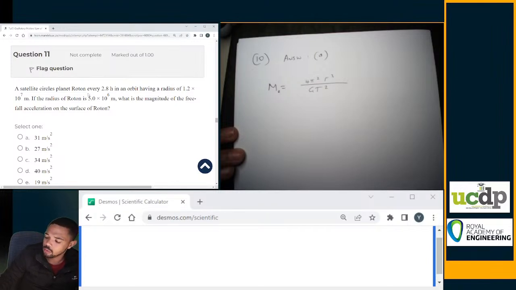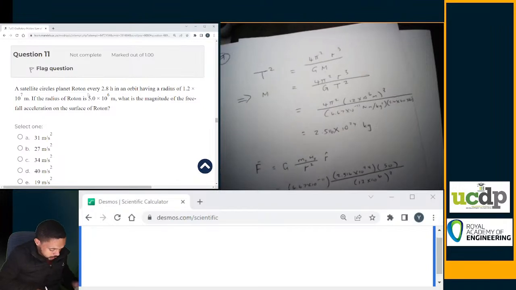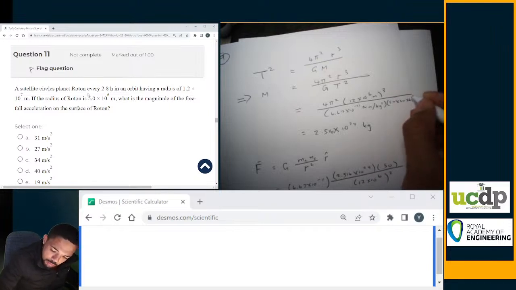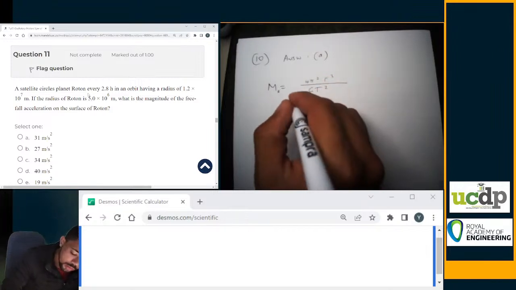Did I put the square in here? In the previous problem, I did square it in the answer, but I'm just wondering if I actually put it in symbol form. Here I did not put it in, but there should be a square there. I forgot to put it in, but the answer will not change in my calculations. Let me put it in now.